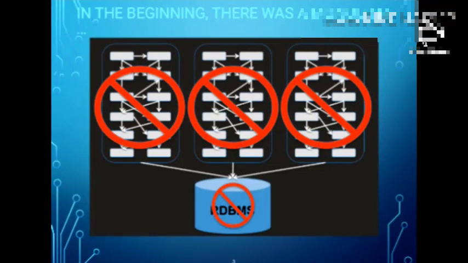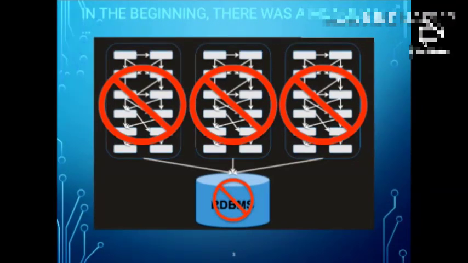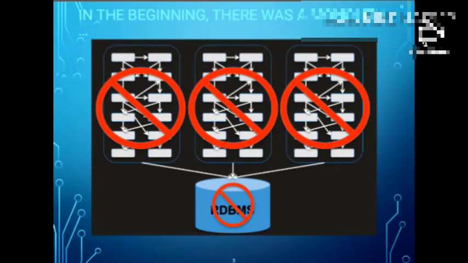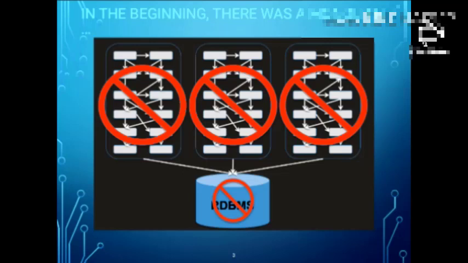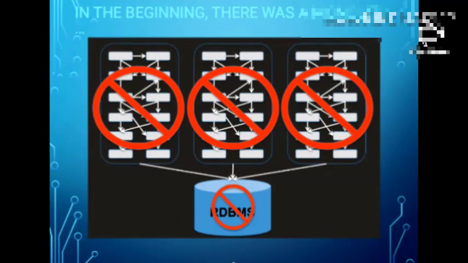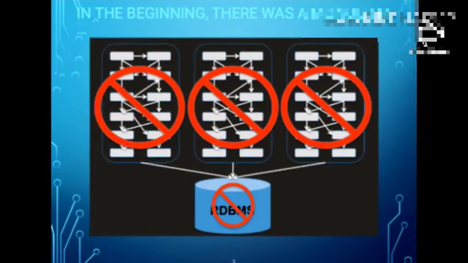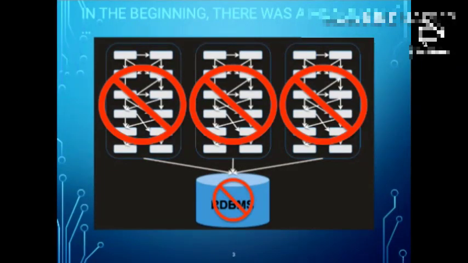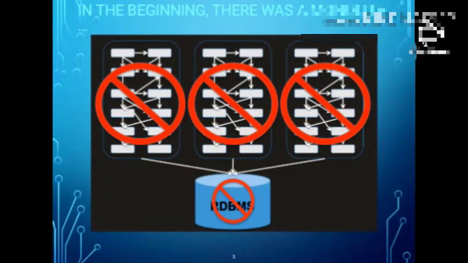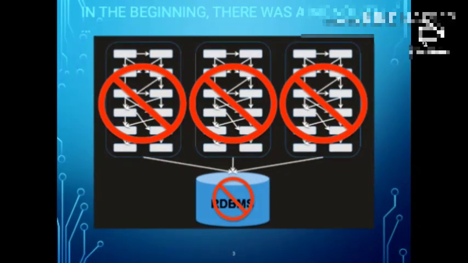A monolithic application is a single-thread software application where the user interface and data access code are joined together into a single program from a single platform. In summary, monolithic applications are self-contained and independent from other computing applications.